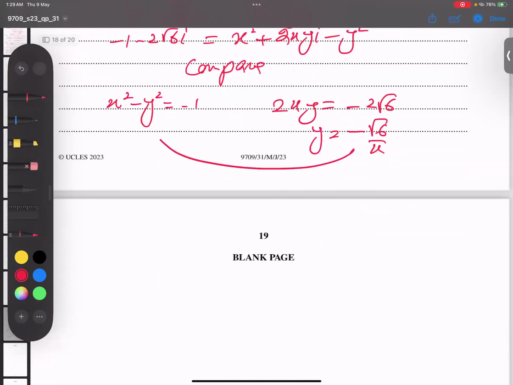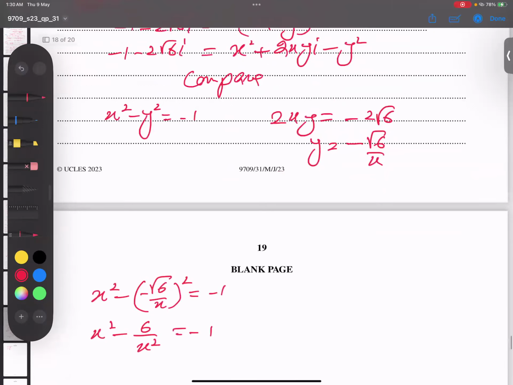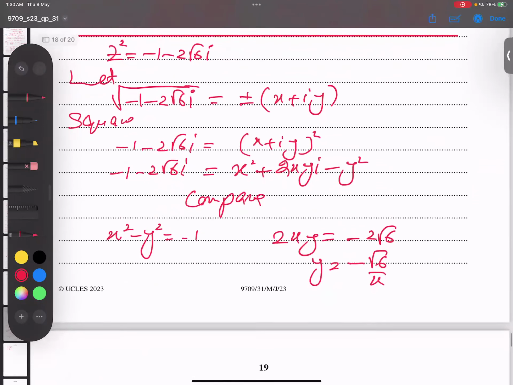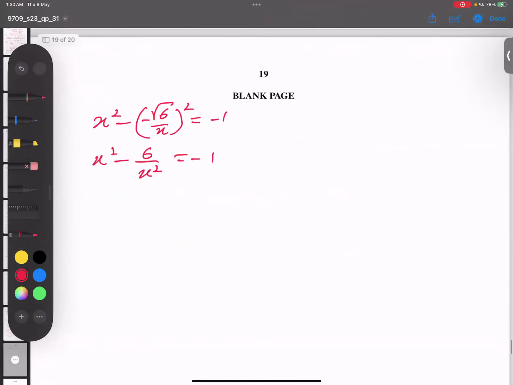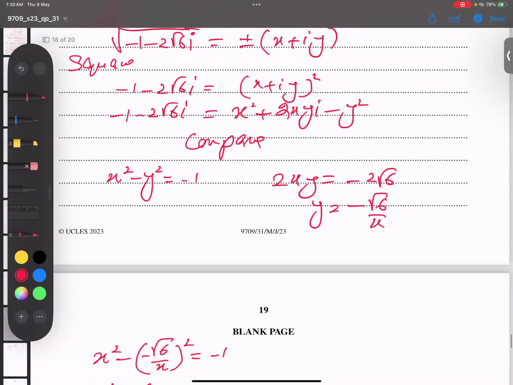This I replace there. Okay, x square minus 6 over x square is equal to minus 1. Is it minus 1? Yeah, correct. And this time we have that negative sign.